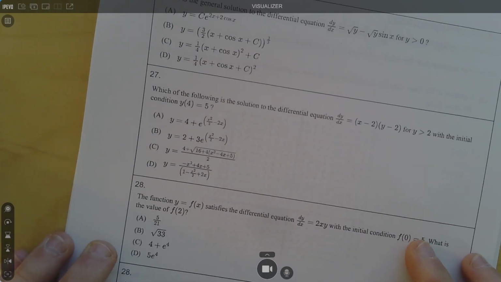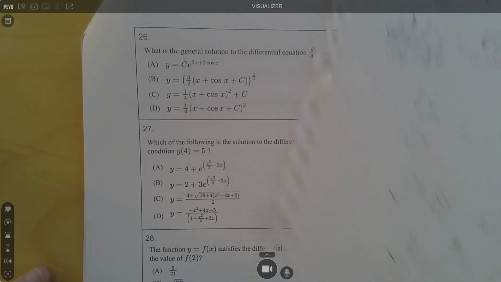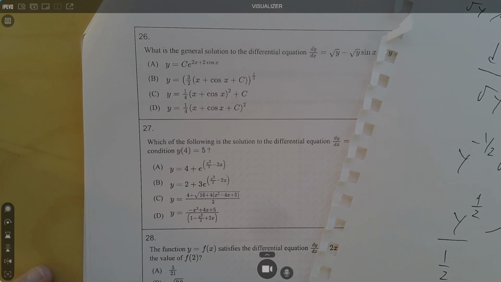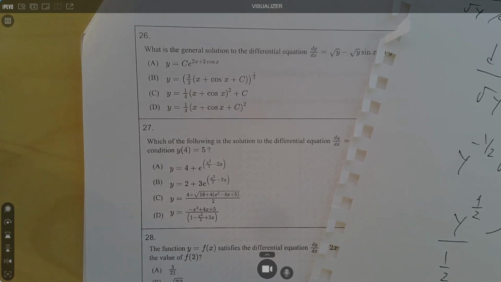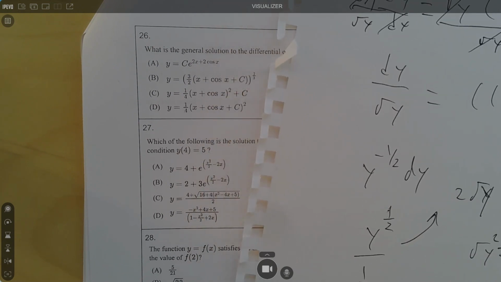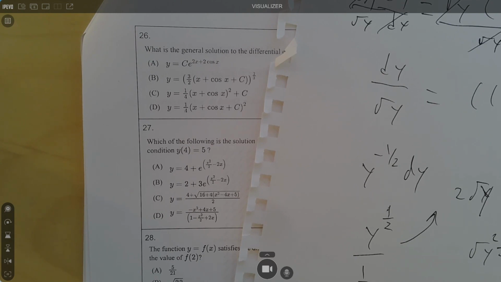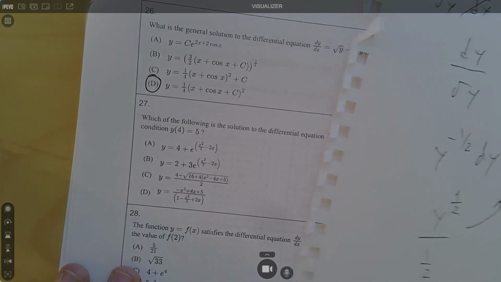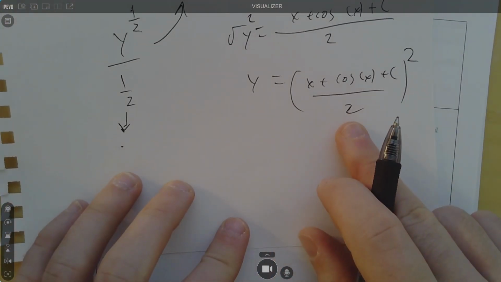Yeah, I think it simplified it to d and took that 1/2 out at the bottom and wrote it as a 1/4 in the front.